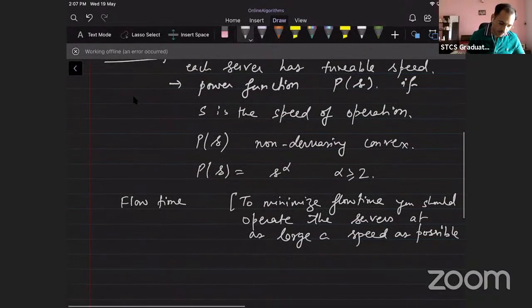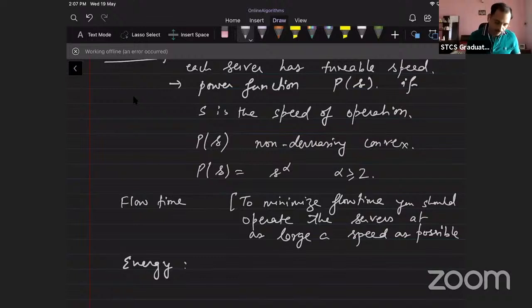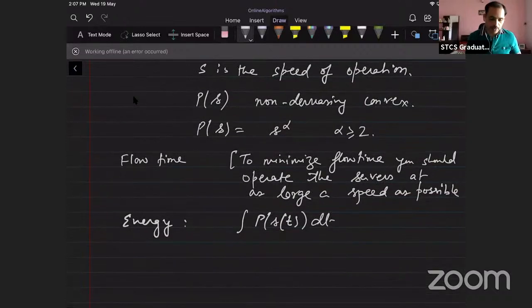And then there is energy, because of the power function, we are also spending energy to operate at a particular speed s. So energy is nothing but, if s of t is your speed of the server at time t, the integral over the power is essentially the energy. So there is a nice trade-off now: flow time will reduce if you increase the speed, but energy will increase if you increase the speed.